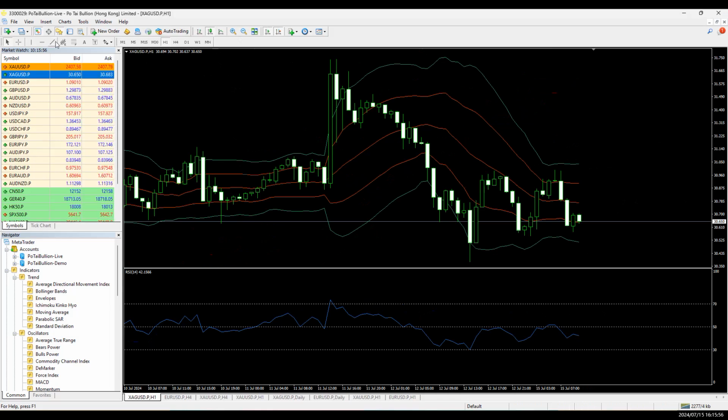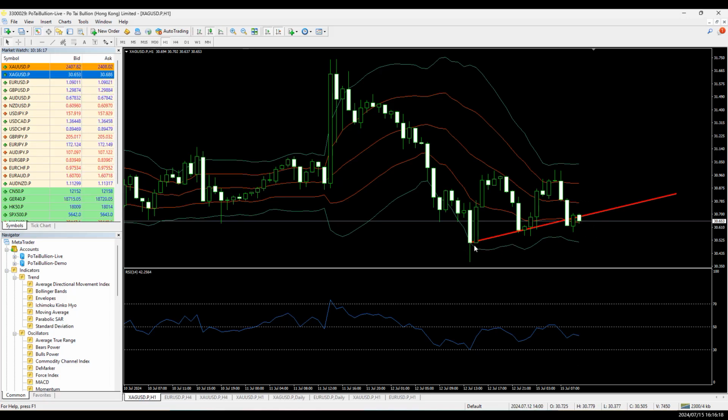All right, H1 is quite unique. Here, take a look at what happened here. See, H1, obviously it does seem like a bullish trend may be prevailing, okay? But the prices are in between the 1.0 deviation bands. RSI is below 50.